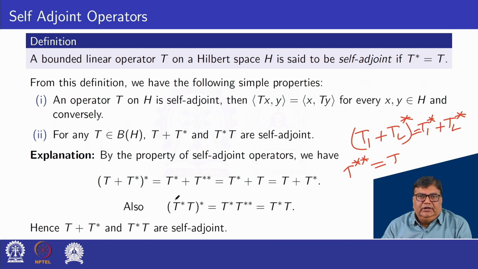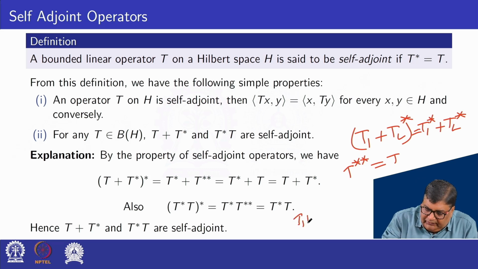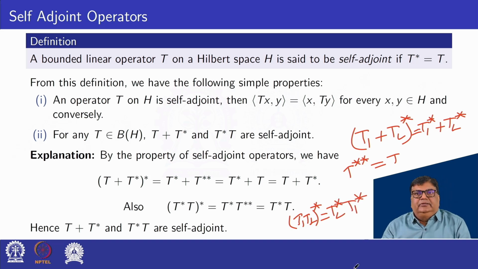Also, star of T star T, we know that (T1 T2) star equal to T2 star T1 star. So here star of T star T will be T star into star of T star, that is T double star.